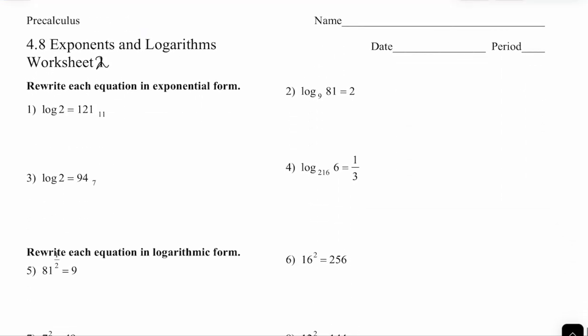Please go to worksheet 4.8. Is that number 1 or number 2? We'll call it worksheet number 2. Sorry about that. Go to 4.8, worksheet number 2 in Google Classroom.